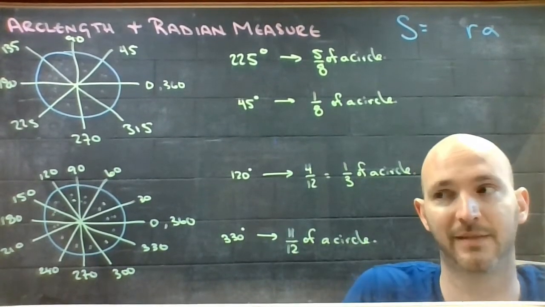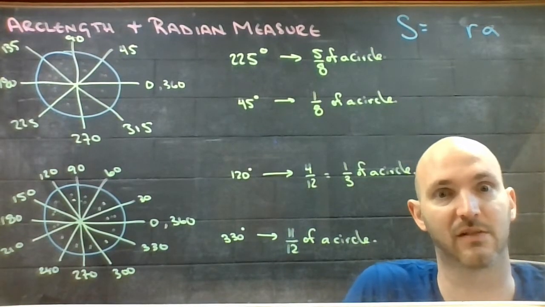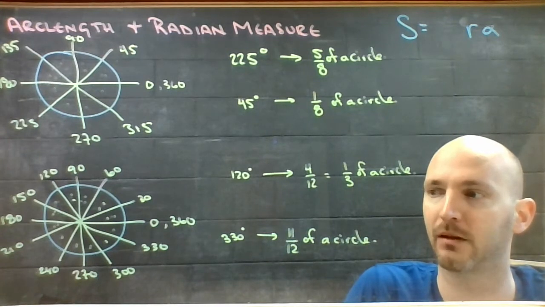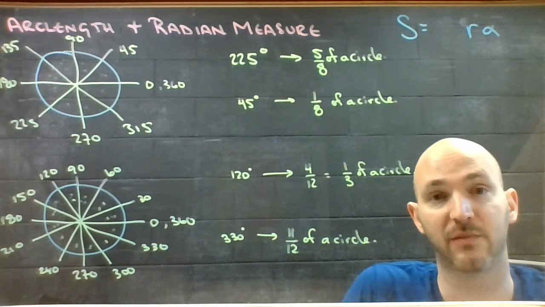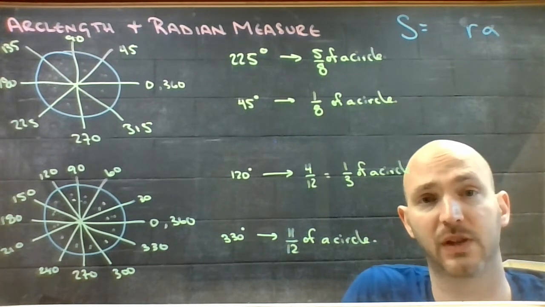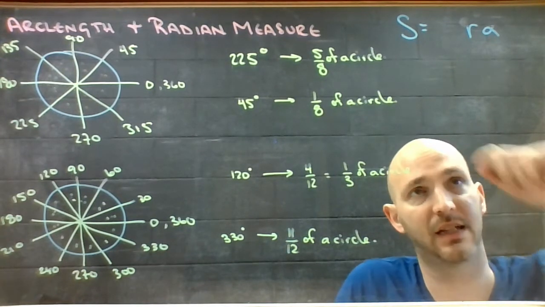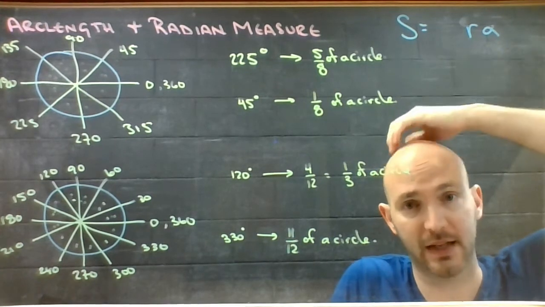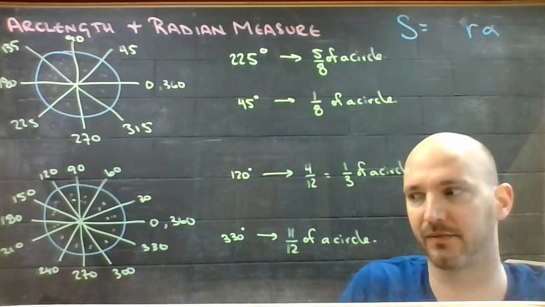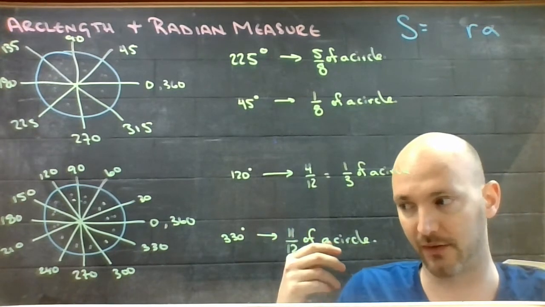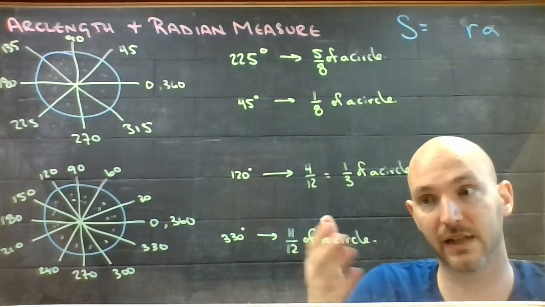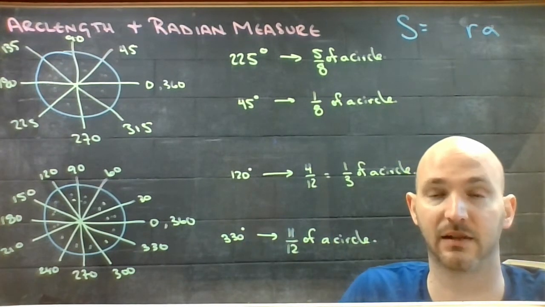So I don't need to have degrees at all. I just need to be measuring how much of a circle I'm using up. So I can even make this more specific, right? Of what circle? Which circle would you like me to use? And the idea is that if I use a circle with a radius of 1, then I can just scale it up later, right? If I want to have a radius of 3, then I would just have to triple this. If I wanted a radius of 10, I'd have to multiply these by 10.